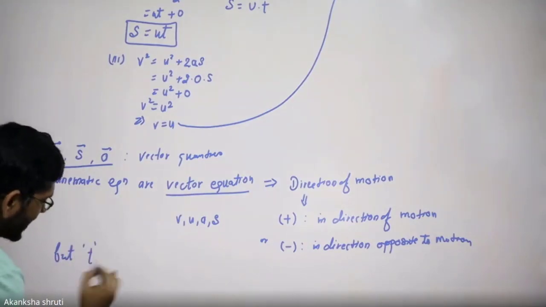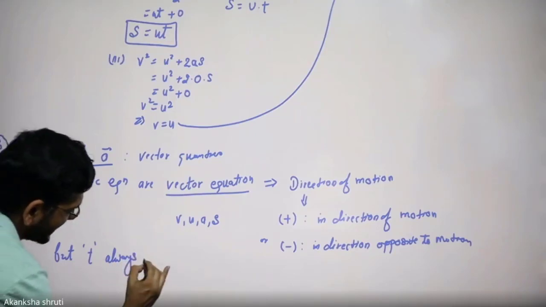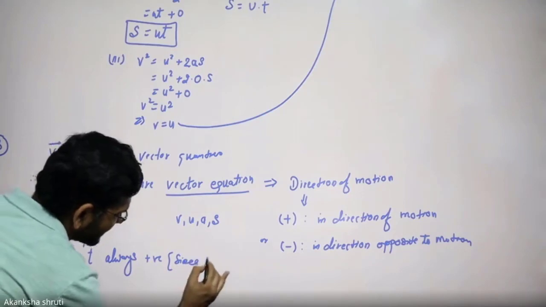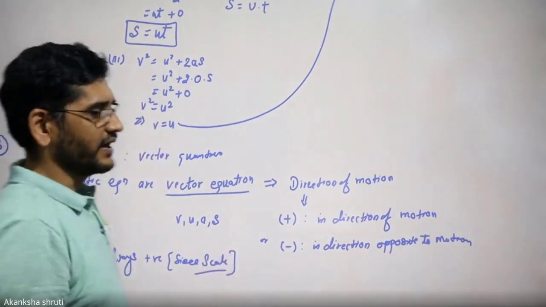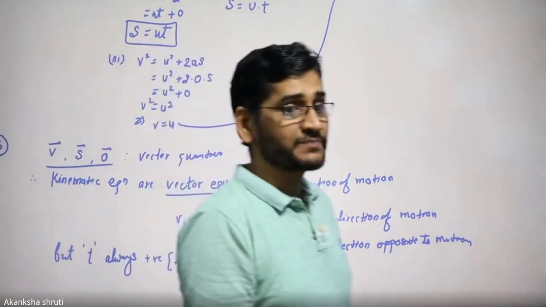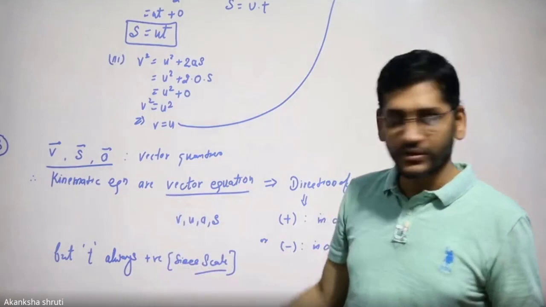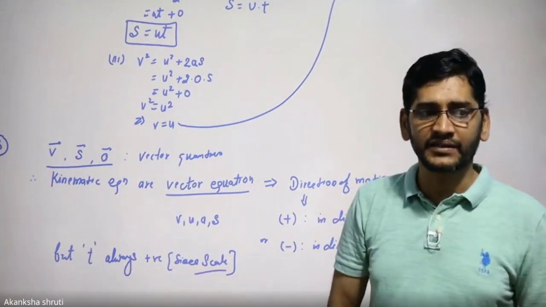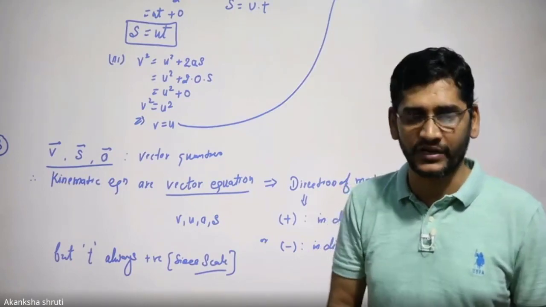Time always has to be taken positive. Why? Since it is a scalar, as we have learned for scalar and vector. That's why I was explaining each and everything regarding sign while explaining scalar and vector. If you have any doubt, please go through those videos. I have already uploaded them.